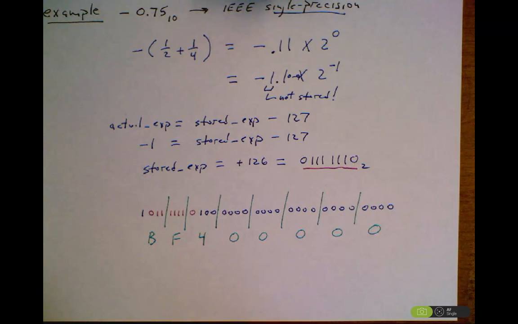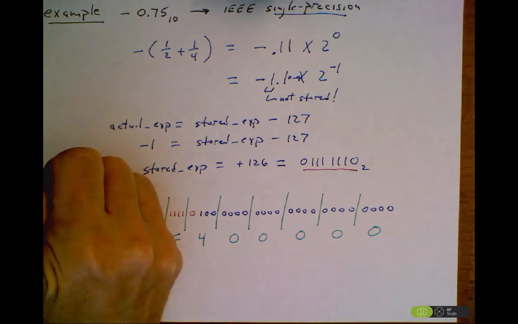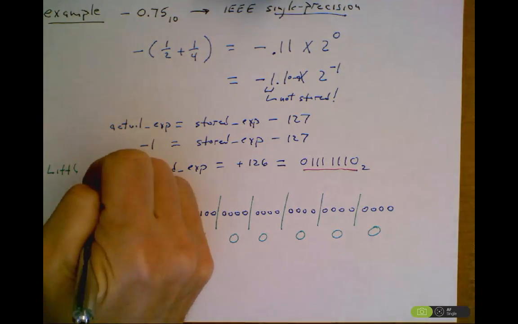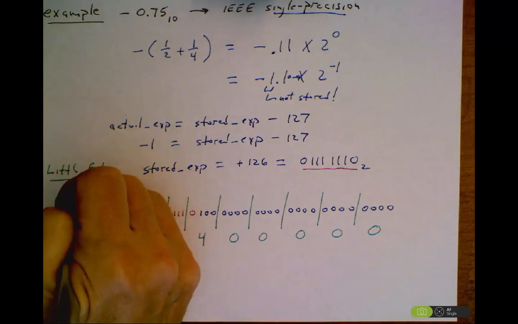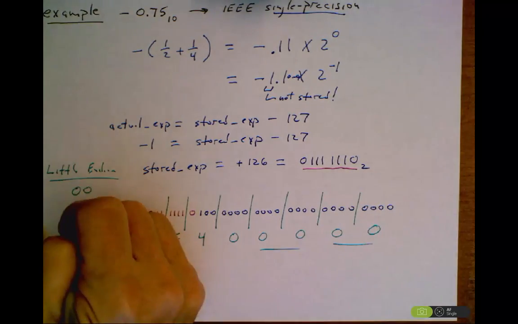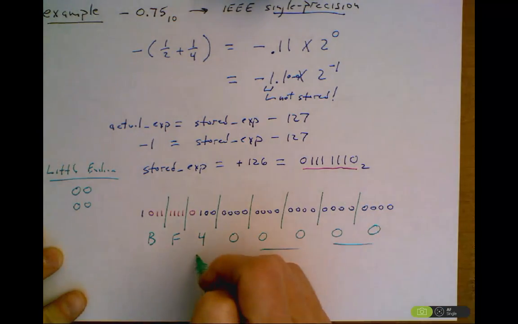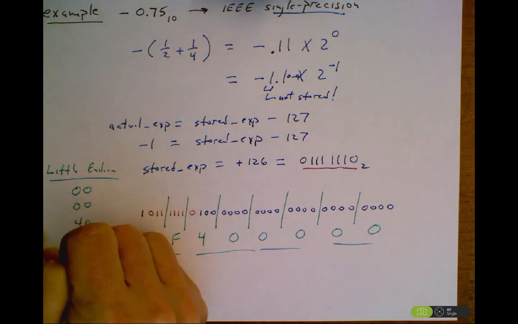Again, on a homework or a test, I might say, show that to me in memory for a little endian machine. So let's do that over here. Little endian would put the small byte first, right? So that's 0, 0, and then that's 0, 0, and then that 4, 0, and then that BF.